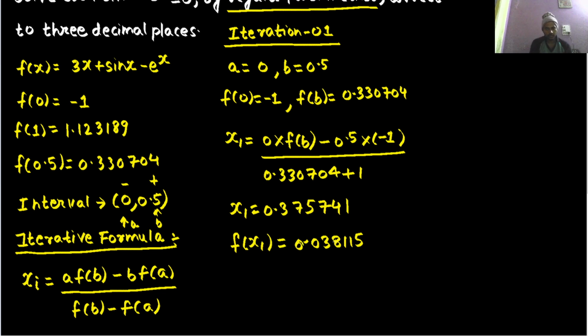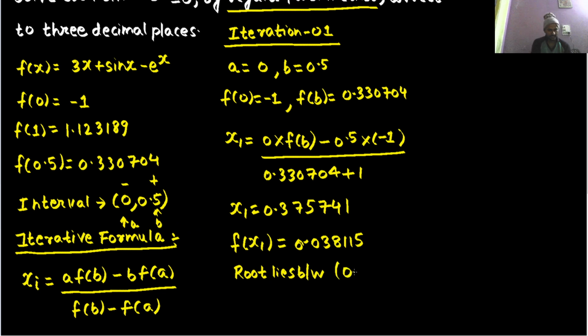So now if you check the sign, it is positive, that means for the new interval, this iteration has been finished. So we can write the root lies between 0 and 0.375741, because this came out to be positive, so we change the value of b.